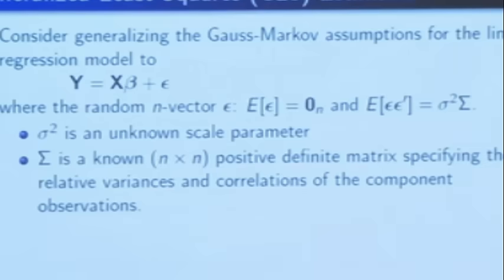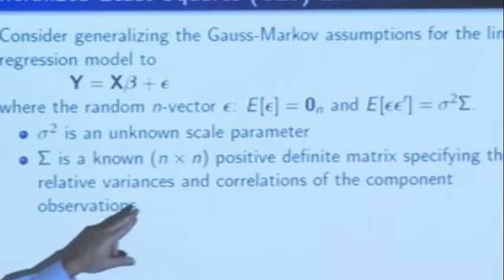All right, so let's now consider generalizing from Gauss-Markov to allow for unequal variances and possibly correlated, non-zero covariances between the components. And in this case, the regression model has the same linear setup.